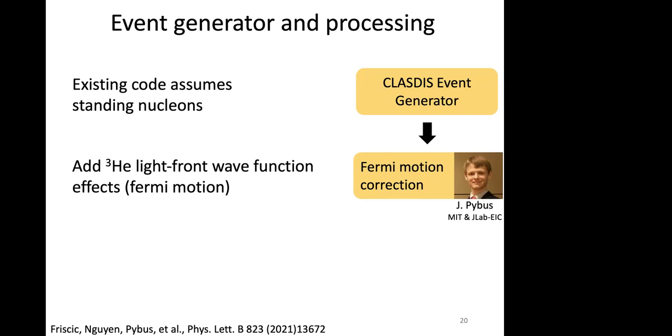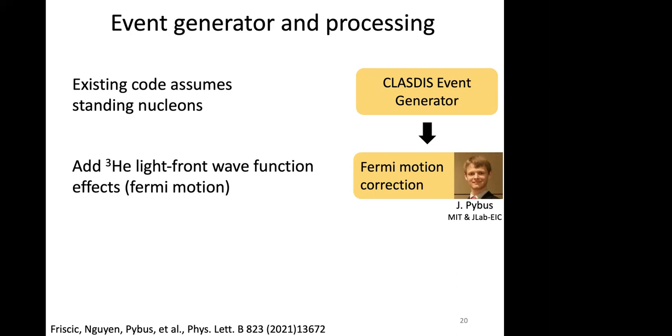So now the idea is that we want to do two things. First, we want to add the Fermi motion to the active nucleon, that is, the nucleon moving inside helium-3. And the second part is that we need to have spectator information, meaning that we need to be able to calculate the momentum and the angle distribution of the two spectator protons inside helium-3.